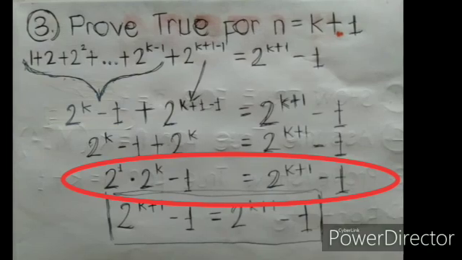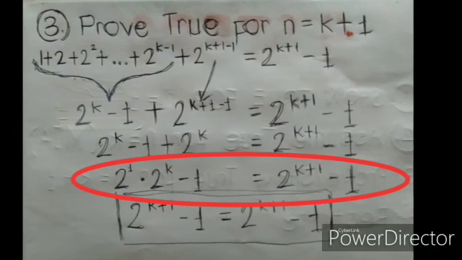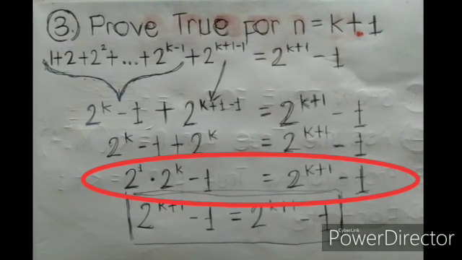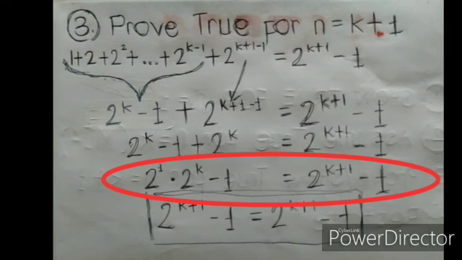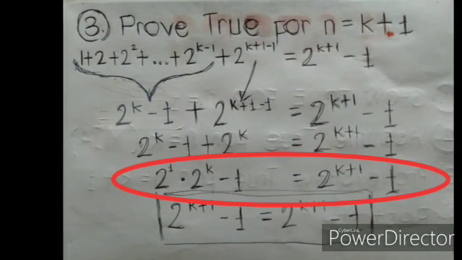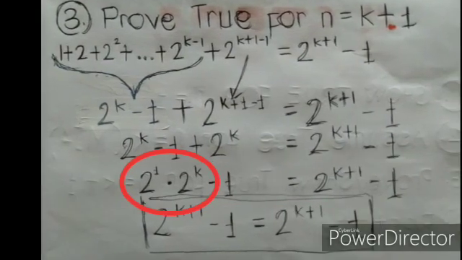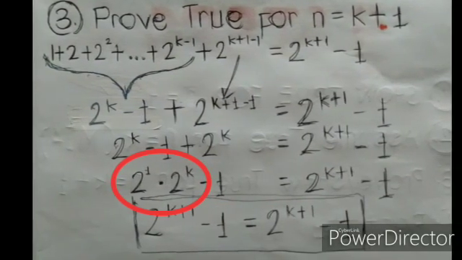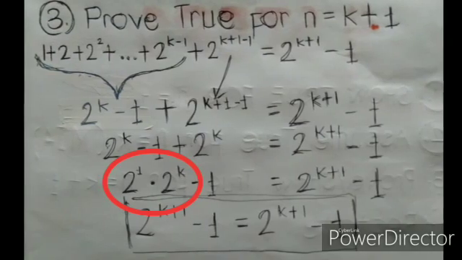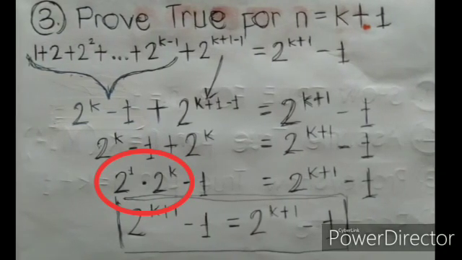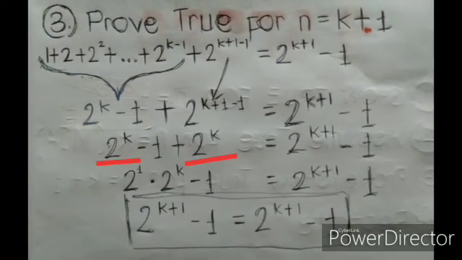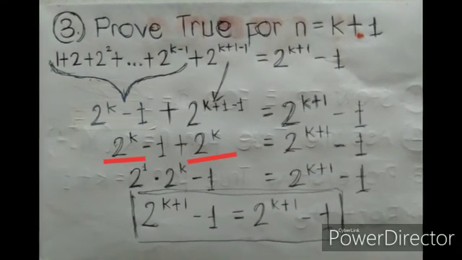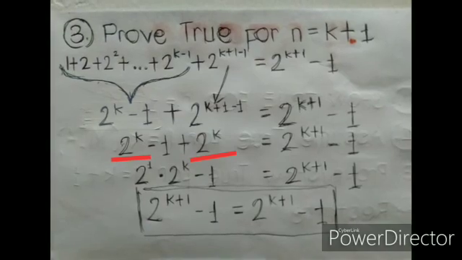Moving forward, let's take a look at line number 4. Here we got 2 times 2 to the power of k minus 1 equals 2 to the power of k plus 1 minus 1. How did we get 2 times 2 to the power of k? There is a rule in that. It says that whenever we add terms with the same exponent, we're just going to multiply the base.